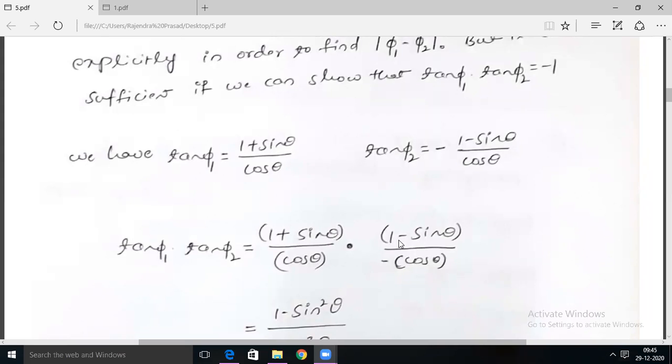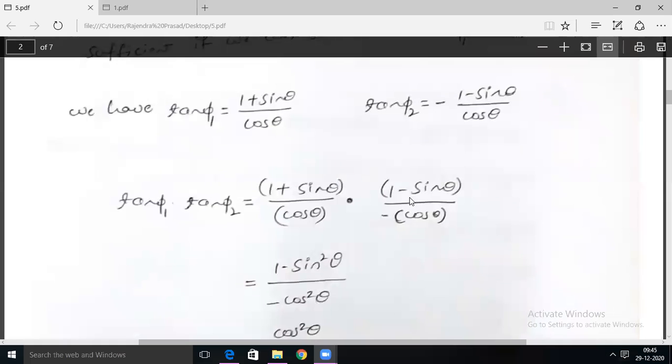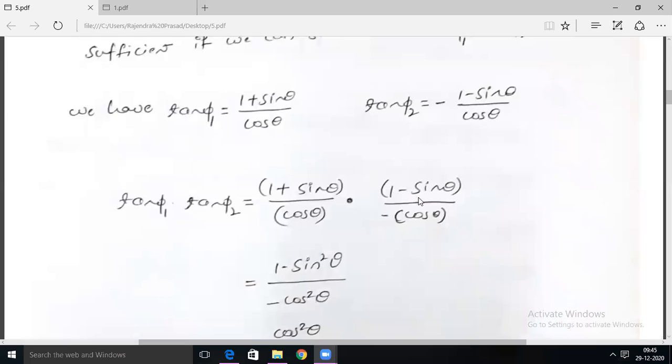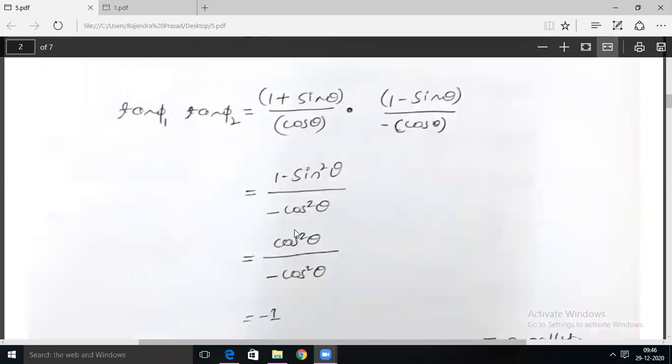In the numerator, multiplication: 1 plus sin theta into 1 minus sin theta, the formula a plus b into a minus b is a square minus b square. In place of a we have 1, so 1 square minus sin square theta. In the denominator, plus into minus, cos theta into cos theta, cos square theta. So we know that 1 minus sin square theta is equal to cos square theta.